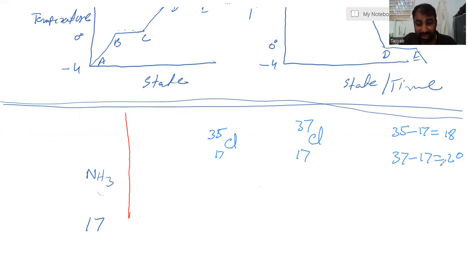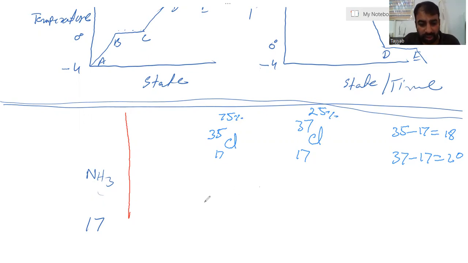So from this, we can conclude these are isotopes because they have different neutron numbers or different nucleon numbers. Their percentages will be given in O level. Chlorine 35 exists as 75% in nature and chlorine 37 exists as 25% in nature. Obviously, if it is 75, then the remaining is 25.